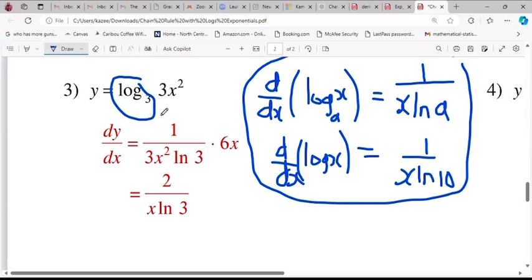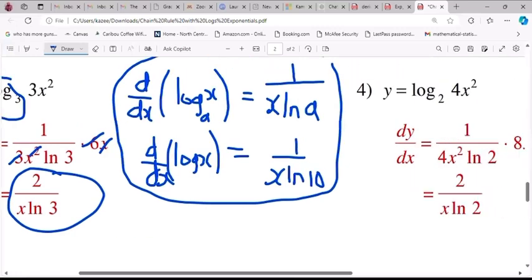So in the end, we simplify. 3 goes into 6, that's going to be 2, and x here can reduce the x here, then I'm actually going to have this. So differentiating this gives me that. That's how we differentiate our logarithmic function.